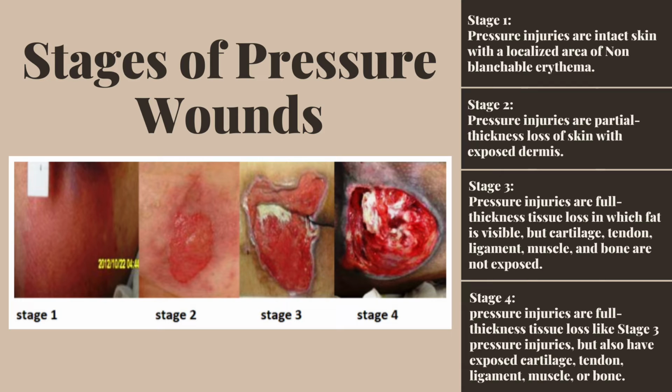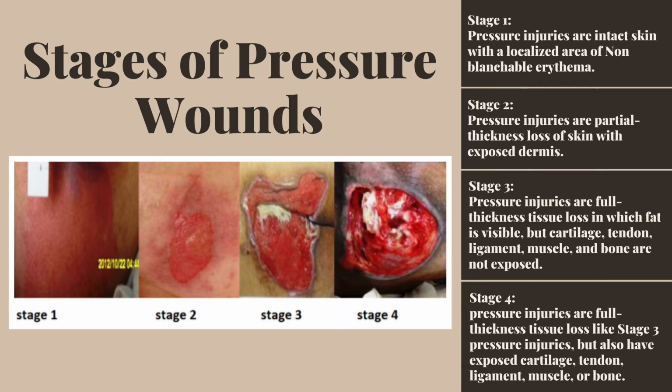Stage 3 pressure injuries are full thickness tissue loss in which fat is visible but cartilage, tendon, ligament, muscle, and bone are not exposed. The depth of tissue damage varies by anatomical location. Undermining and tunneling may occur in stages 3 and 4 pressure injuries.